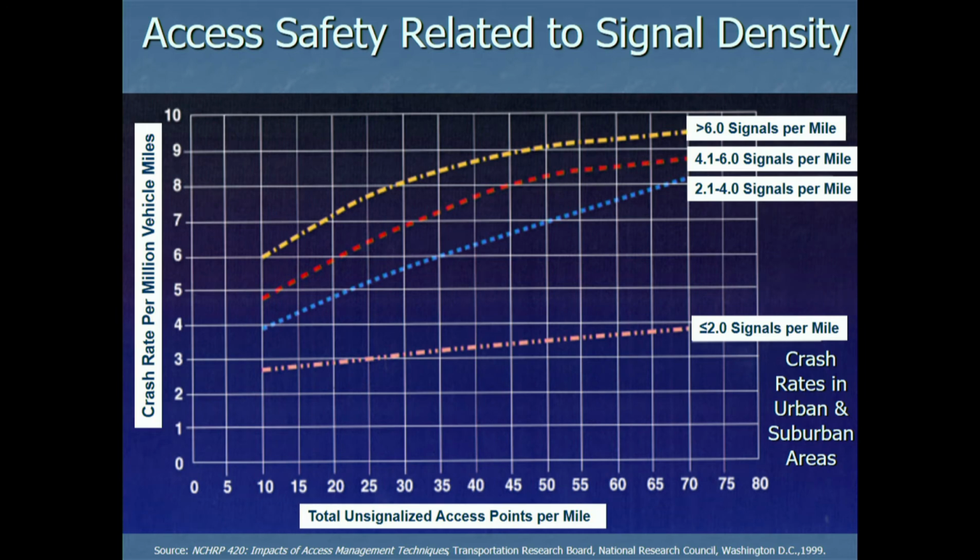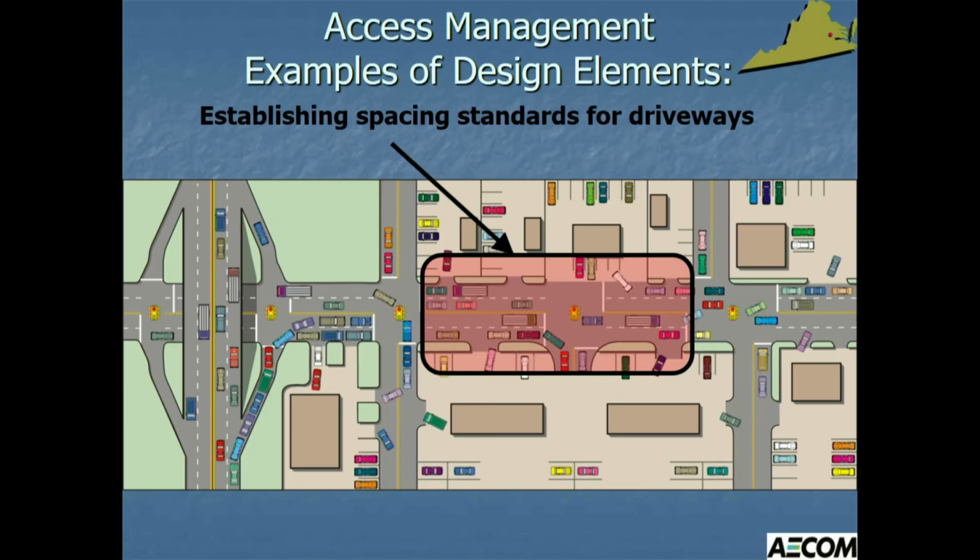Presenting the data in a different way based on the access density versus the signal density, we see a similar type of pattern. Again, the access density increase translates to a crash rate increase. But what this shows as well is as the signal density increases, the crash rate goes up. So, whoops, didn't mean to do that.